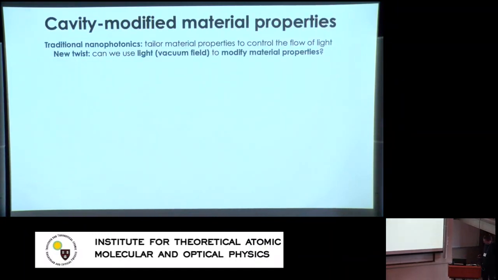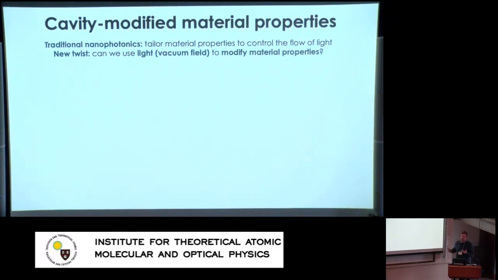What I'm going to talk about today is cavity-modified material properties, which we've heard a lot about. Having done some nanophotonics over the last decade or so, there usually we think of using materials to control the flow of light, and in some sense this is inverting the idea.